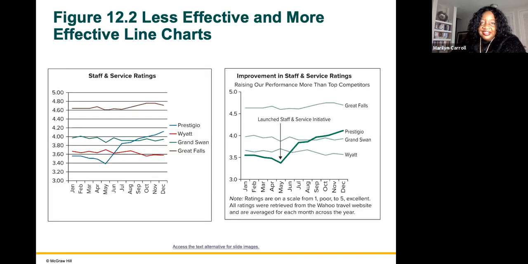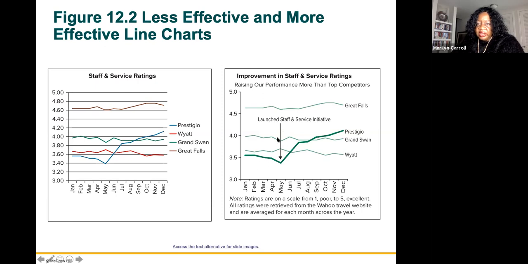So look at these. We have staff and service ratings. We have these line charts here. Improvement in staff over time. Do you see how effective these line charts are? This is staff and service ratings in one way. And then the more effective way to show this would be here, with your trend lines and decreases in it, and what you're seeing. What happened with this one?